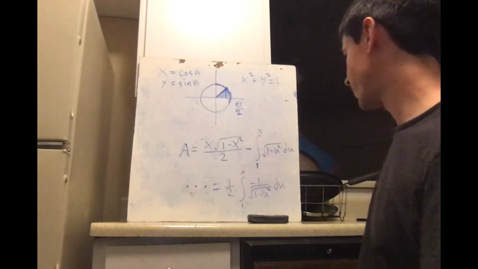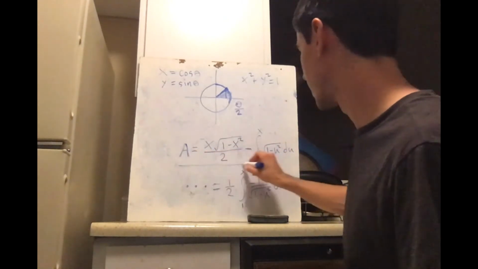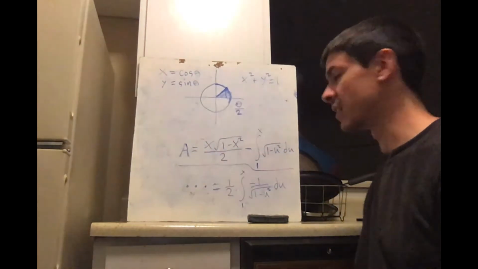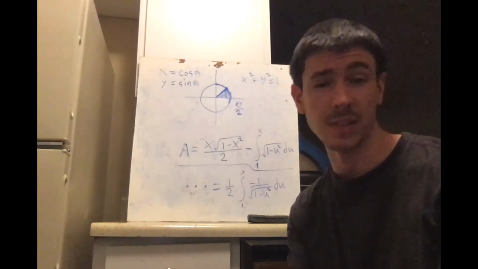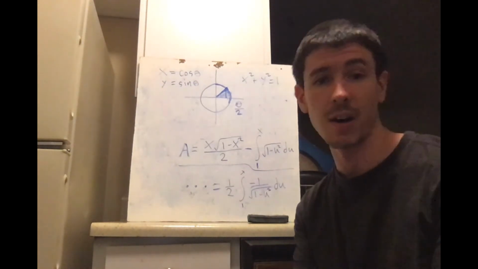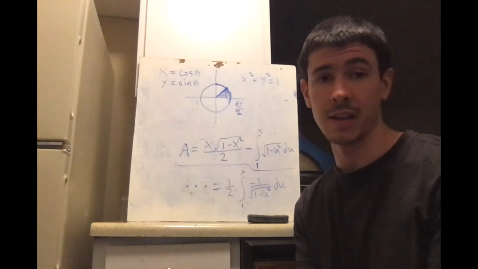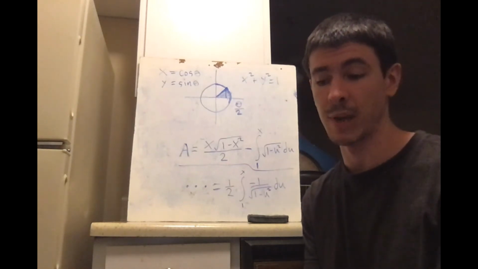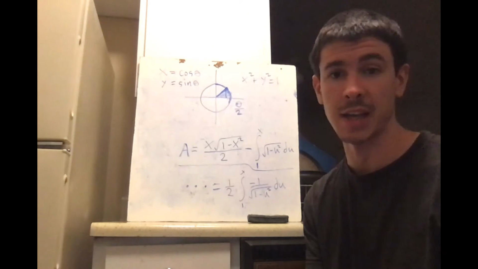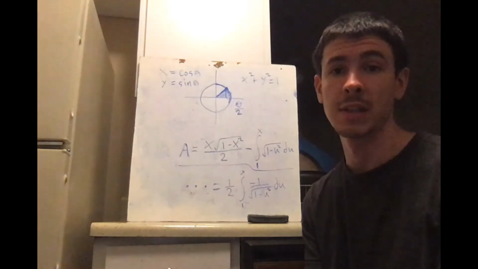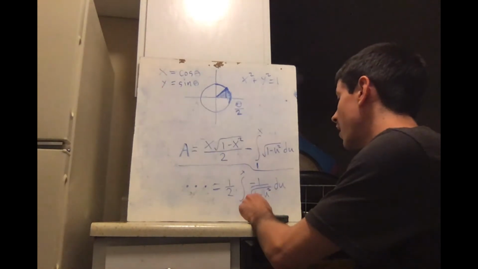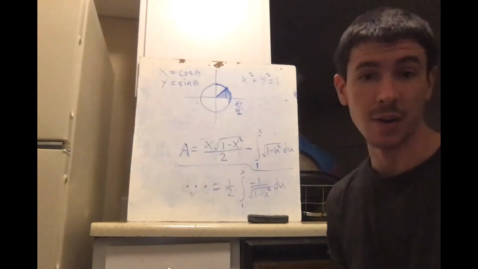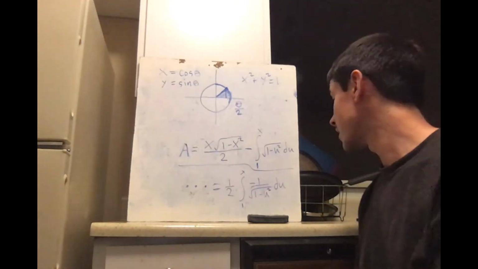And of course, this is just another way of arriving at, by the fundamental theorem of calculus, something we already know. We have a half on everything, but it's really just saying that the derivative of inverse cosine is negative 1 over the square root of 1 minus u squared, which we already knew.